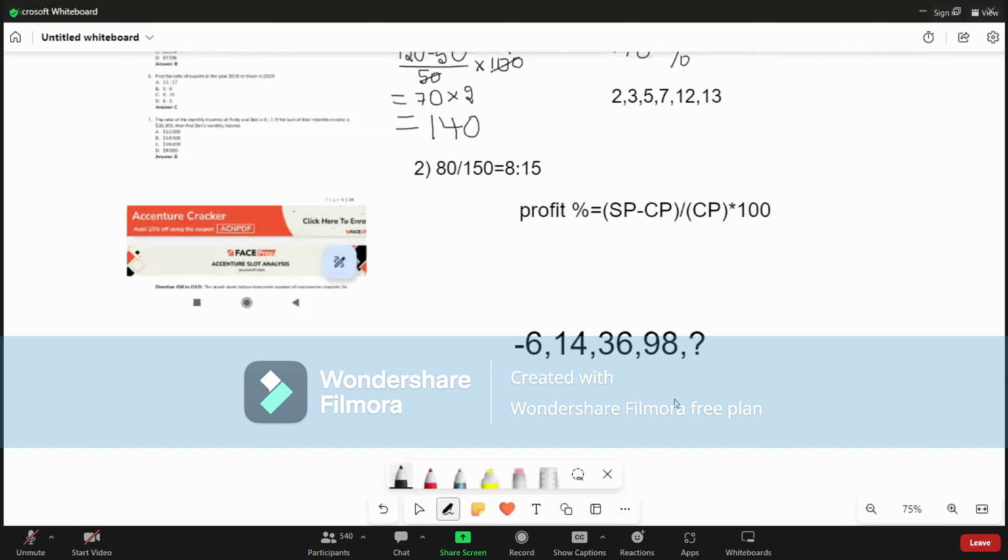Is the question correct? Minus 6, 14, or is it? Let me just check. This is minus 6. This pattern will be 20, and here it is 22, and here it is 60.